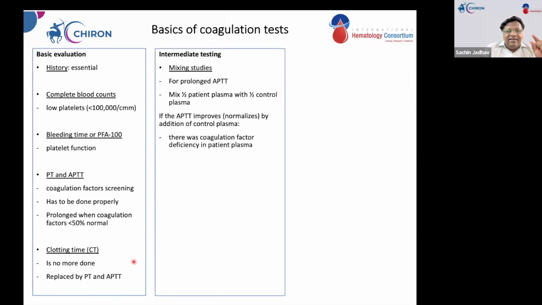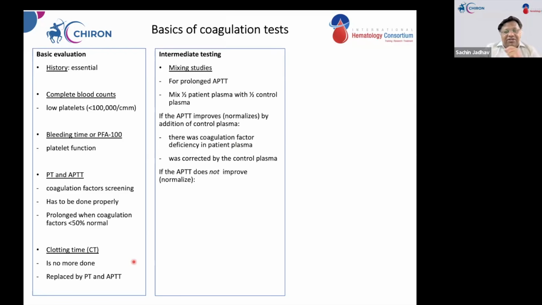It was lacking in that, and my control plasma provided the clotting factor which was low. And that is why the prolonged APTT normalized. It improved from 60 seconds to say 40-45 seconds, right?